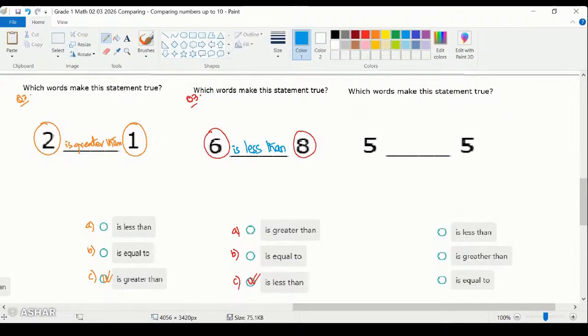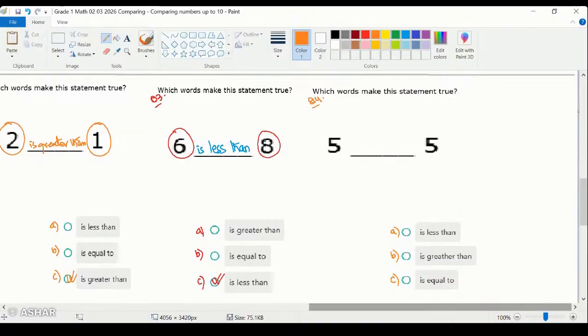This is our question number 4. And the options were A, B, and C. So which should be greater? Yes, they are just giving the answer in option C.